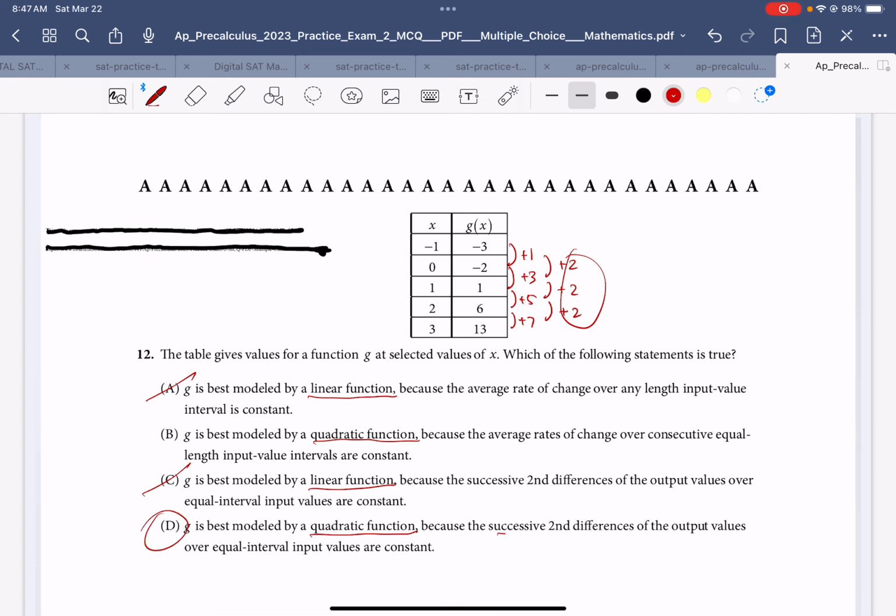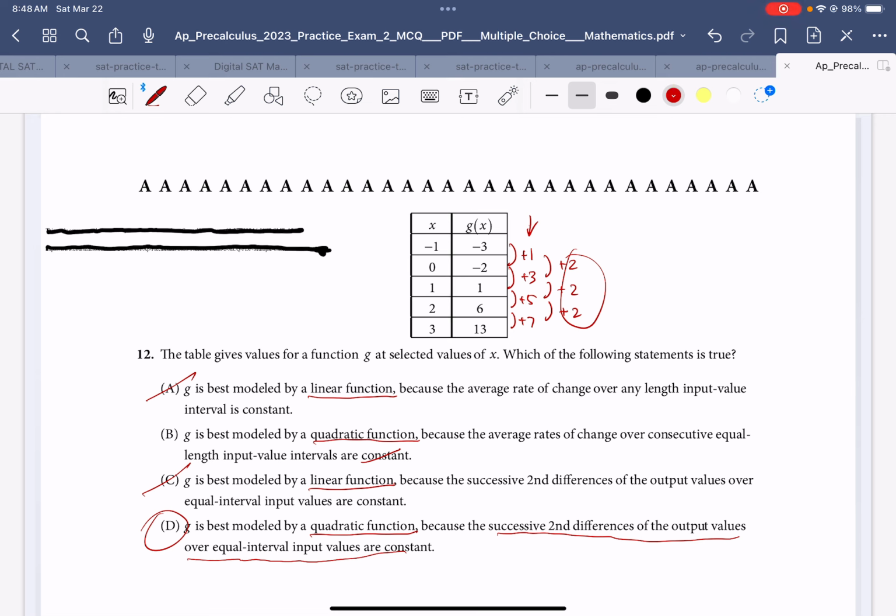If you see the successive second differences of the output values over equal interval input values are constant. Okay, then why is B wrong here? Average rate of change over consecutive equal length intervals is not constant, because the average rate of change is right here.